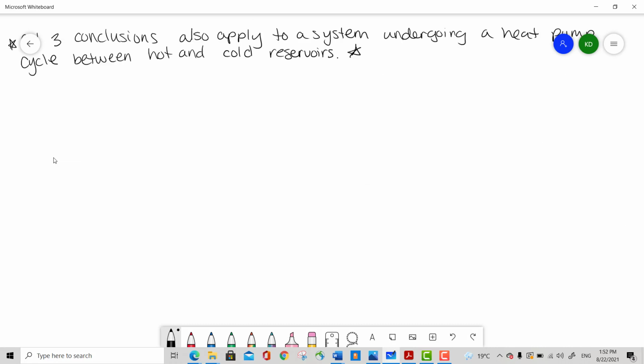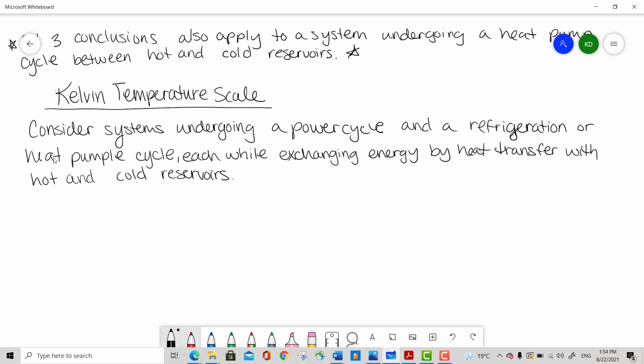So let's move on to the Kelvin temperature scale, and we're going to talk a little bit about those heat pump cycles, power cycles, and refrigeration cycles exchanging energy by heat transfer with a hot and cold reservoir. And just for time, I'm going to be pausing these and writing all of the notes and then going over them. Okay, so let's go over this.